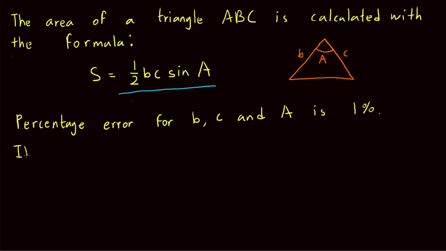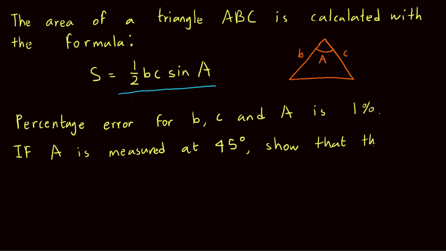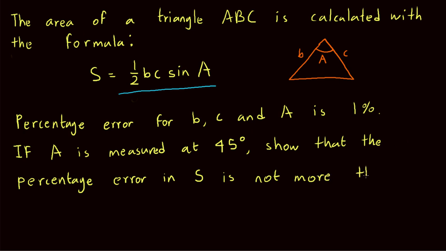They're saying that if the angle A is measured at 45 degrees, show that the percentage error in S is not more than 2.8%. Okay, so this is the question from the textbook.